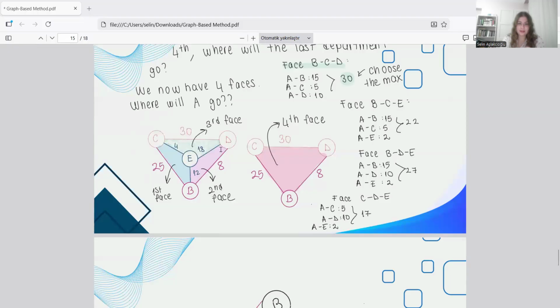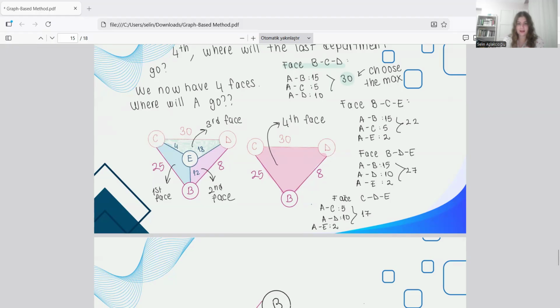Let's consider the face B, D, and E right here, the purple face. And so A and B is 15, and D is 10, and E is 2, so their sum is 27.